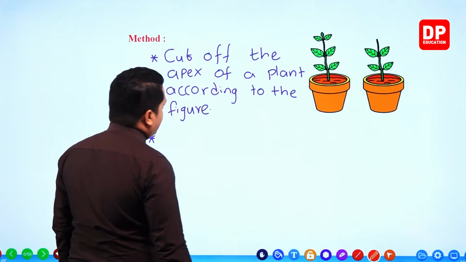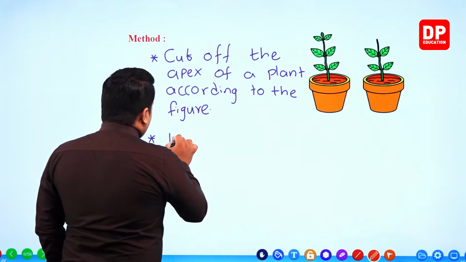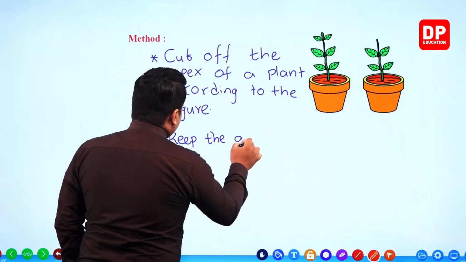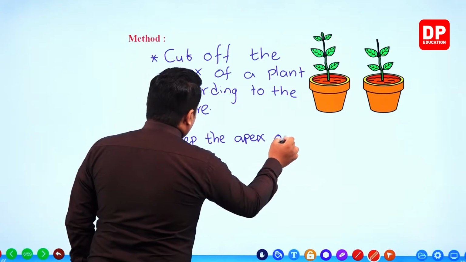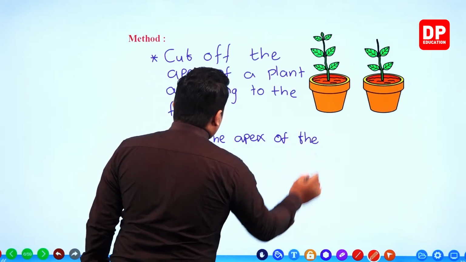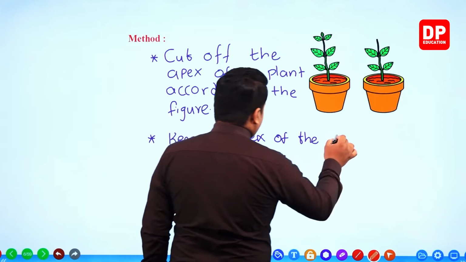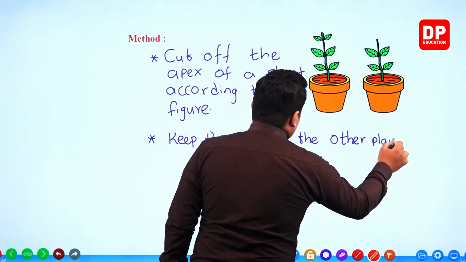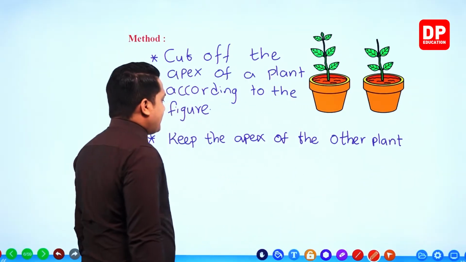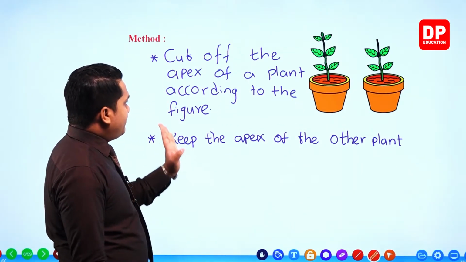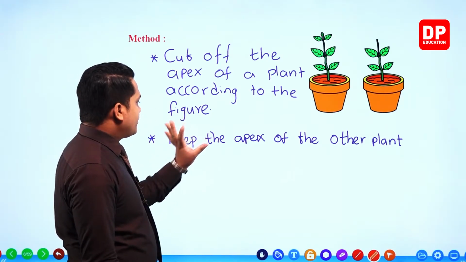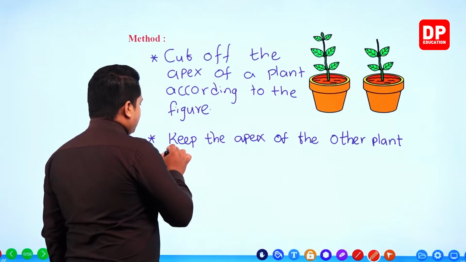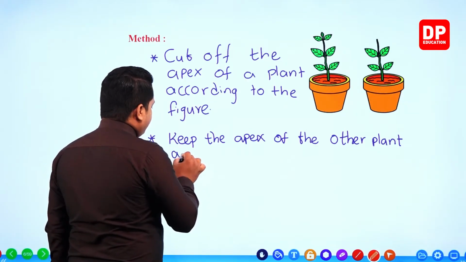Then keep the apex of the other plant as the same. Okay, right? So cut off the apex of a plant according to the figure, and keep the apex of the other plant as the same.